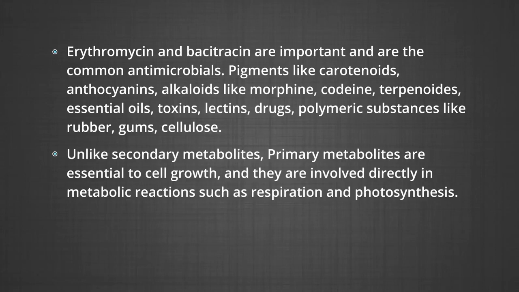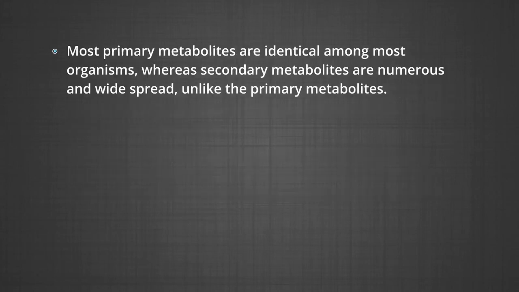The primary metabolites are essential to cell growth. They are involved directly in metabolic reactions such as respiration and photosynthesis. Most of the primary metabolites are identical among most organisms, whereas secondary metabolites are numerous, widespread and unlike the primary metabolites.